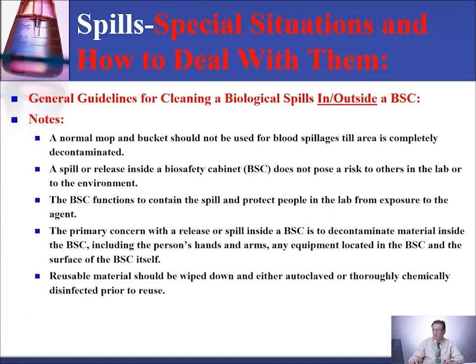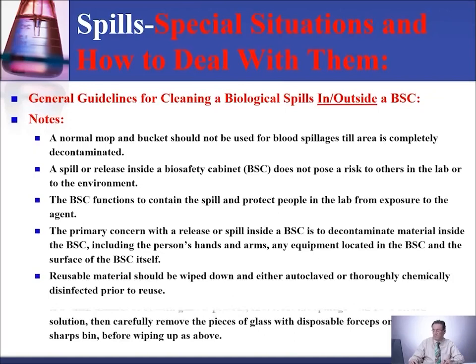Reusable material should be wiped down and either autoclaved or thoroughly chemically disinfected prior to use. If a small amount of broken glass is present, first treat the spillage with 10% bleach. Then carefully remove the pieces of glass with disposable forceps and put them in a sharps bin before wiping up as above.